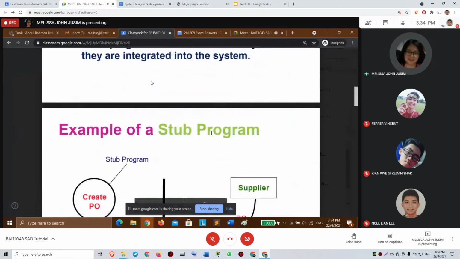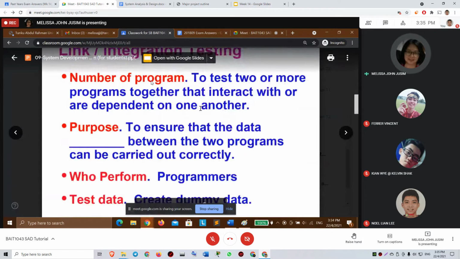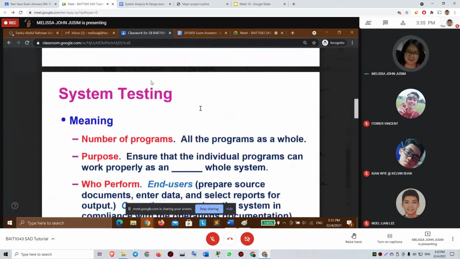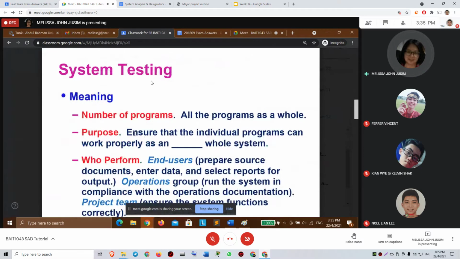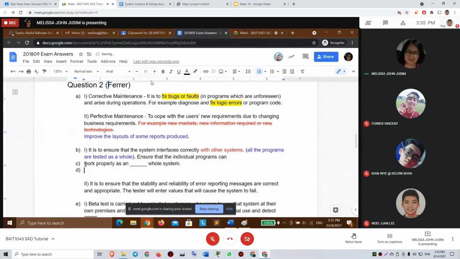Unit testing, individual, then testing only for those modules that depend on each other. System testing, okay, to ensure individual programs can work properly as an entire whole system.